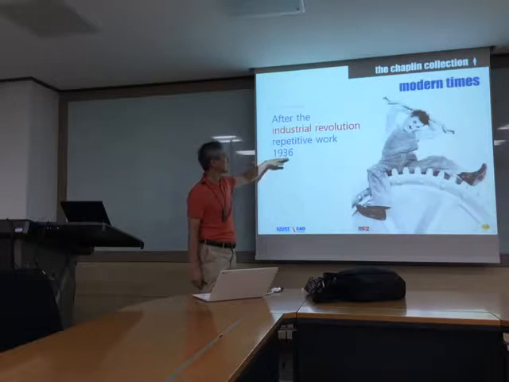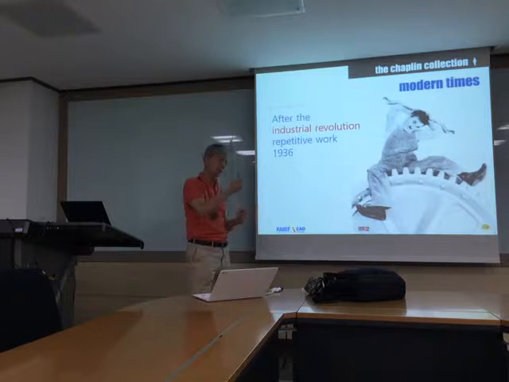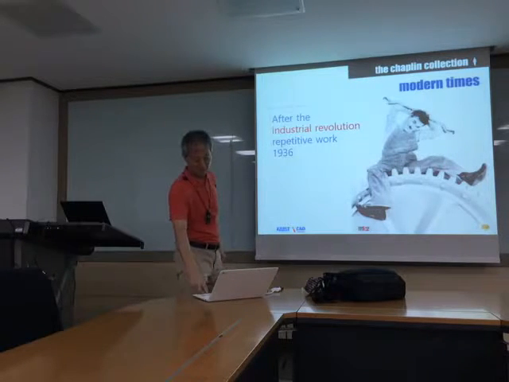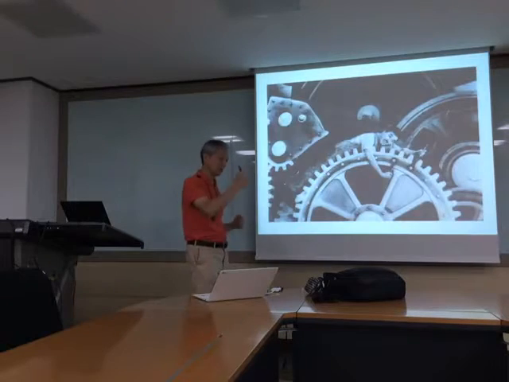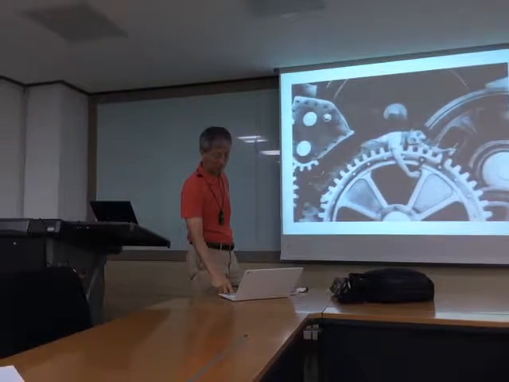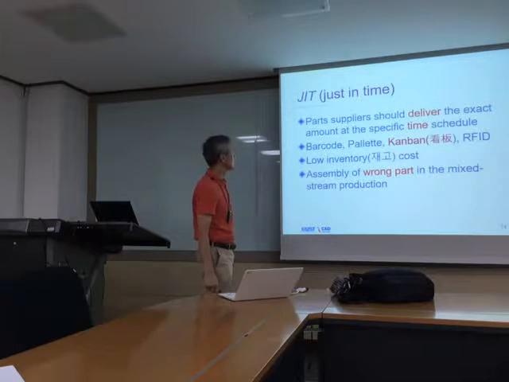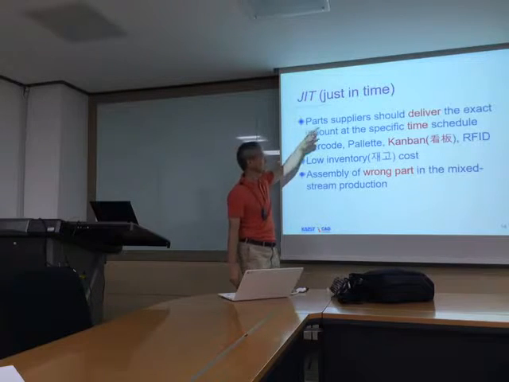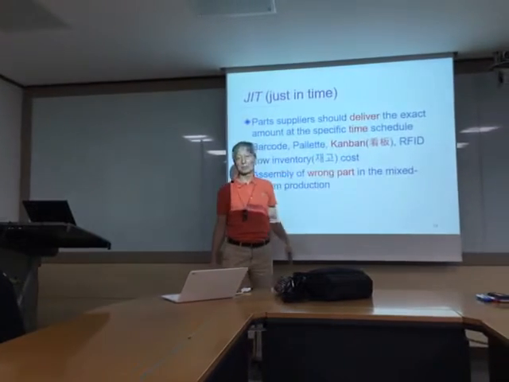In 100 years ago, people did only the same work, because the part is the same, the car is the same, no changes. So there is a Modern Times, something mechanical, with people working. But now it is totally different. Just in time, part suppliers should deliver the exact amount at the exact delivery time.